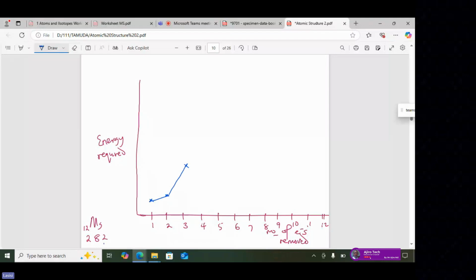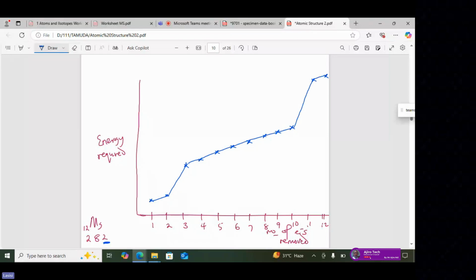Then the next 8: 1, 2, 3, 4, 5, 6, 7, 8. Then the next jump. To go further inside it jumps again. Am I right? Jump and jump.